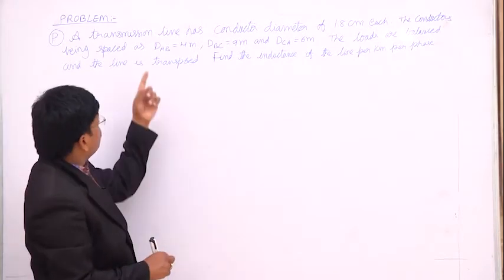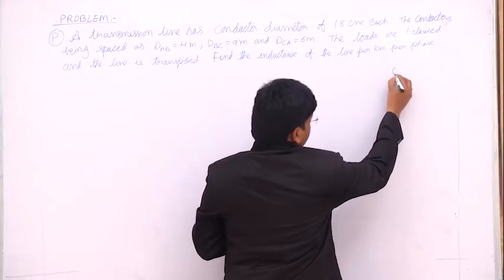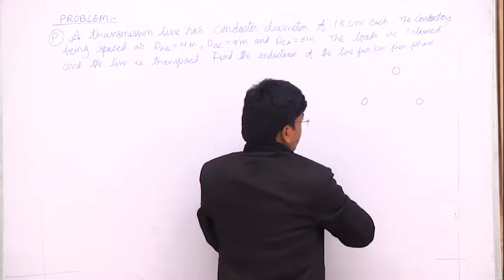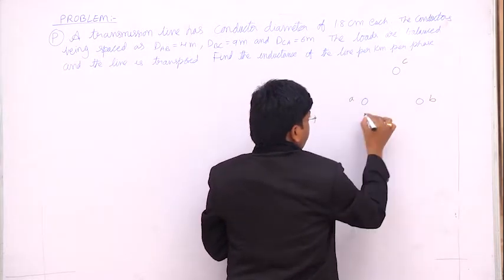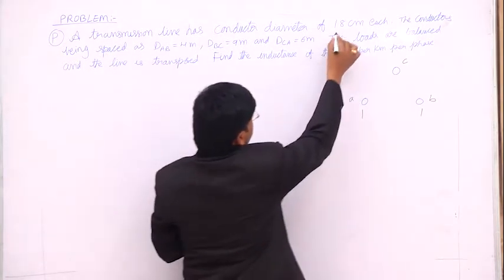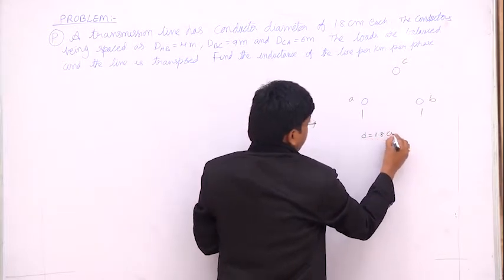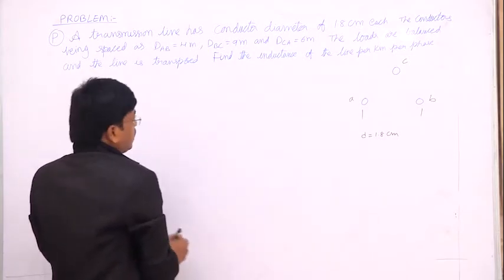So in this diagram, we have a three-phase asymmetrical transposed line having a phase A conductor, phase B and phase C conductor. Each conductor has a diameter of 1.8 cm.